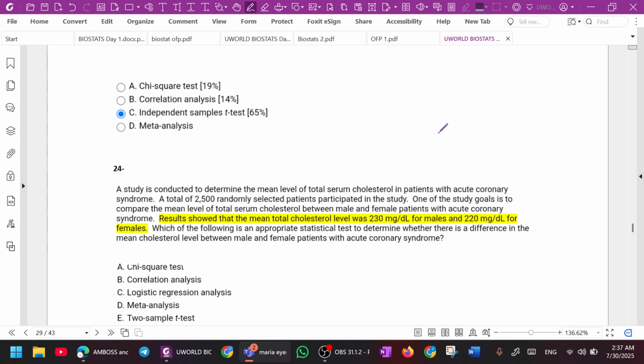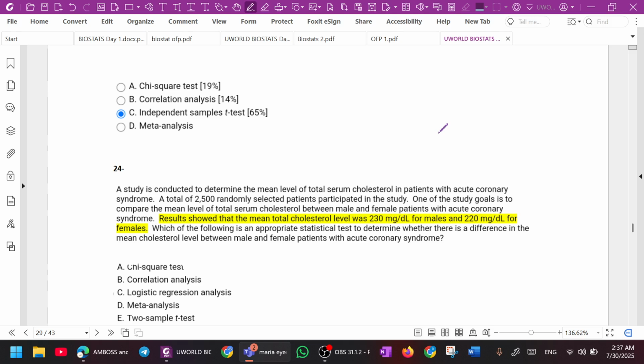Results showed that the mean total cholesterol level is 230 mg per dL in males and 220 mg per dL in females. Which of the following is the most appropriate statistical test to determine whether the difference in the mean cholesterol level between male and female patients with ACS is significant?